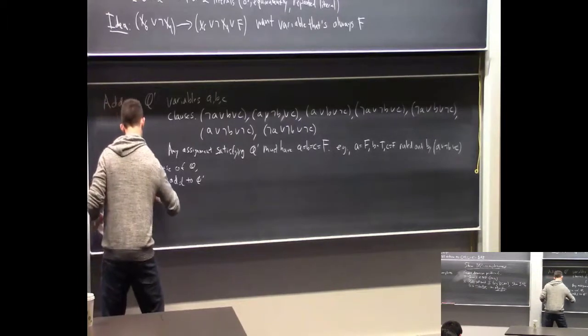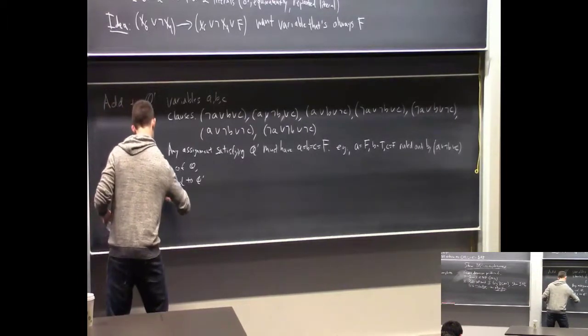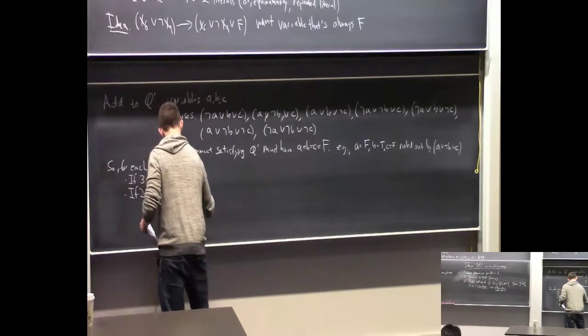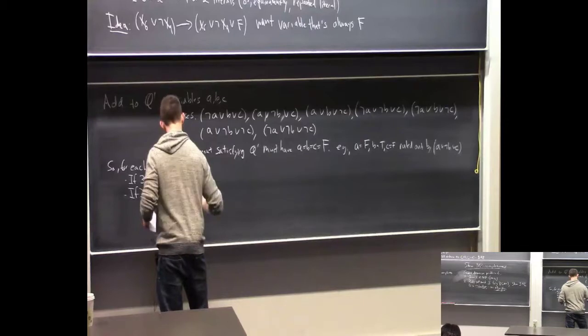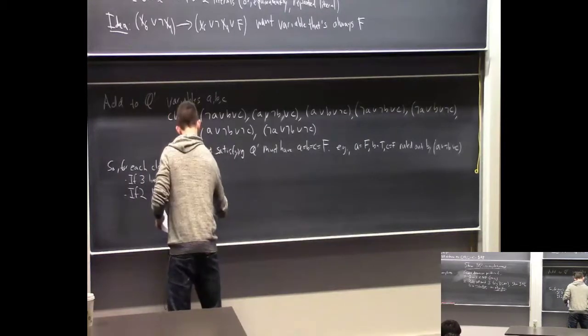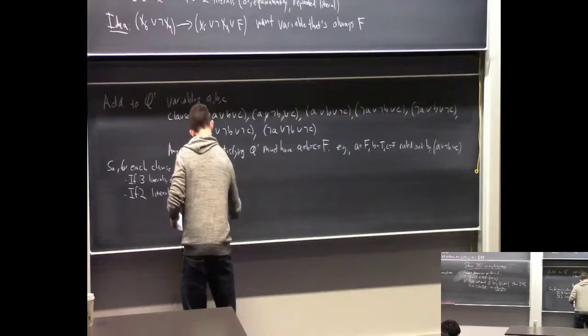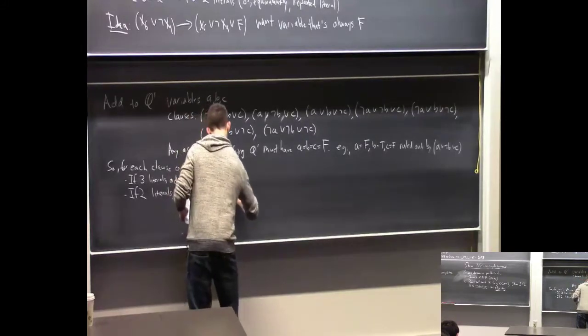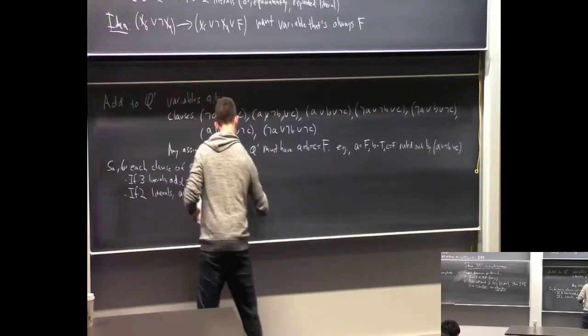If 2 literals, we're going to add A to the clause, and then add the clause to phi prime.